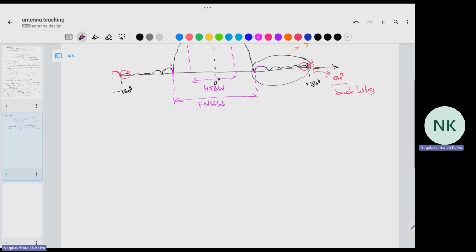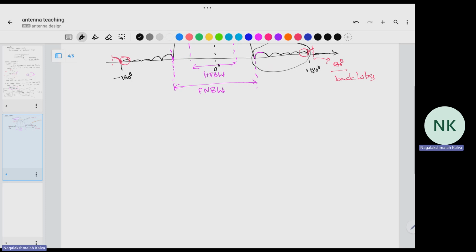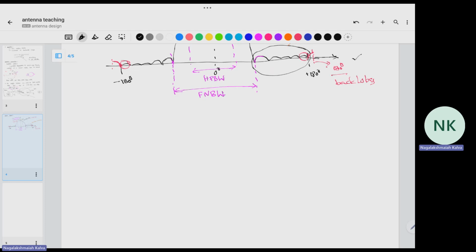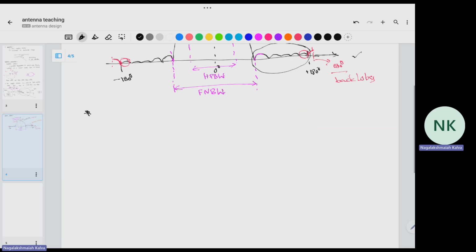So here, based on the directional properties of the antenna, there are three types of radiation patterns. So this is one type. We are saying directional antenna. So we'll have three different types of radiation patterns.